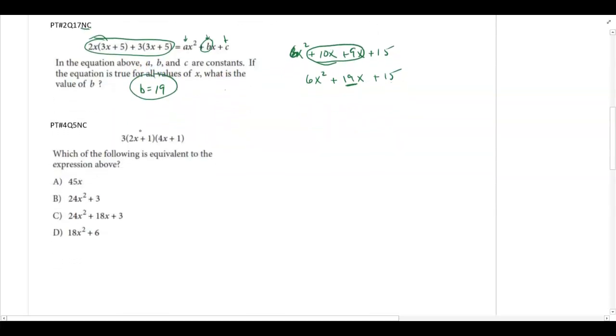The second one, what we are basically doing is multiplying these polynomials. Anytime I multiply, I always multiply two things at one time.